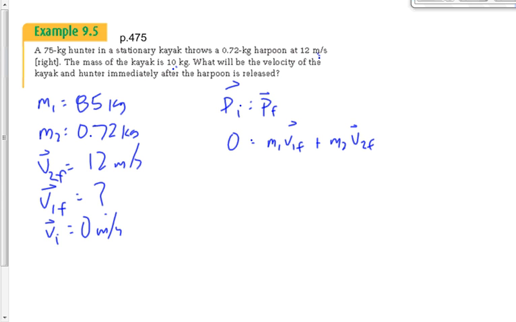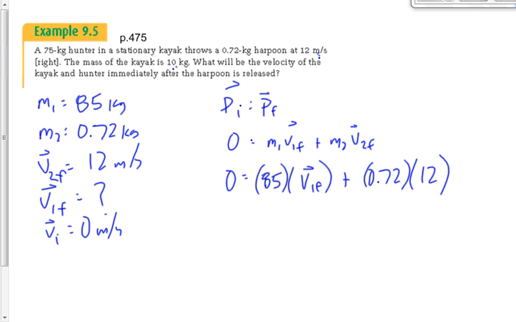Cancel out the masses there? No, we can't, because they're not the same. If they're the same, you can cancel them out. If they're not, then don't cancel. M1 is 85 kilograms. V1F, that's what we're looking for. M2 is 0.72 kilograms, and V2F is 12 meters per second.